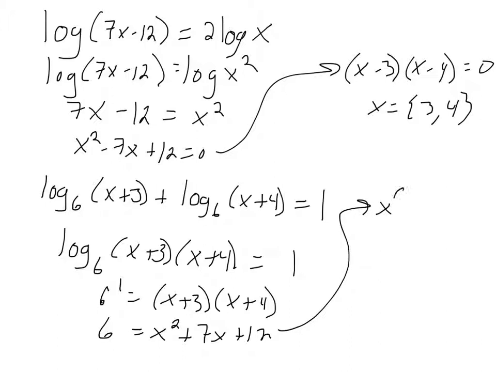And so I'll get x squared, and then I've got to go ahead and subtract the 6, so x squared plus 7x plus 6 equals 0. You can sort of see that 0 a little bit.